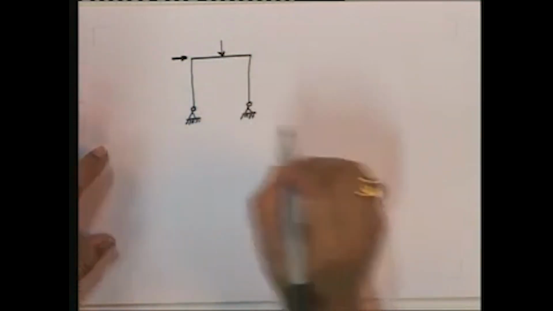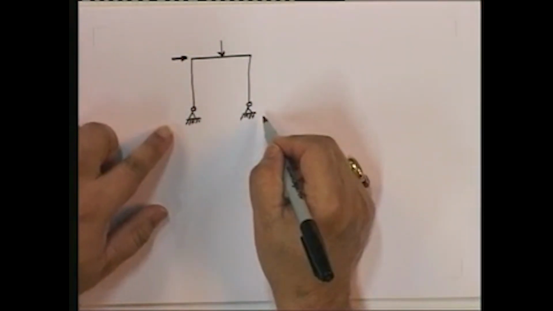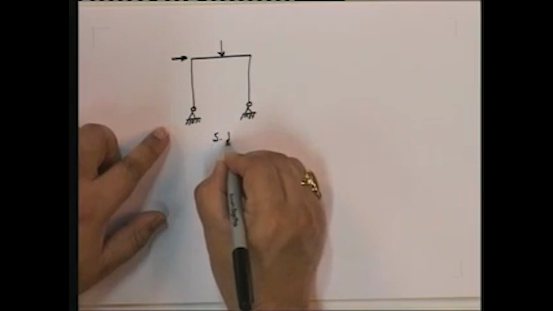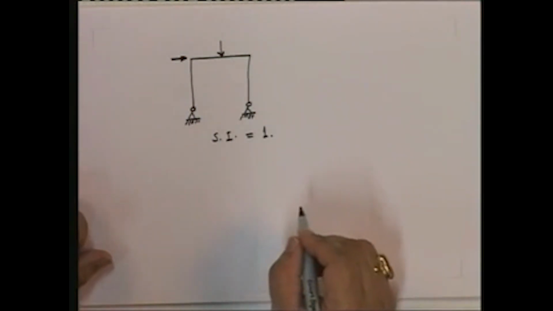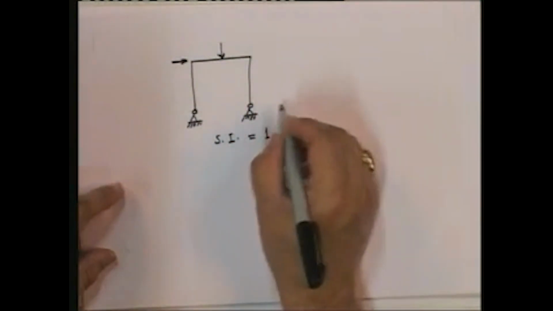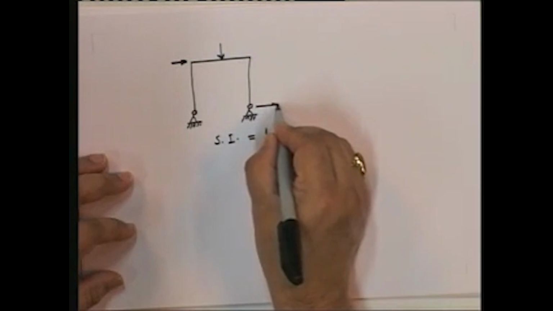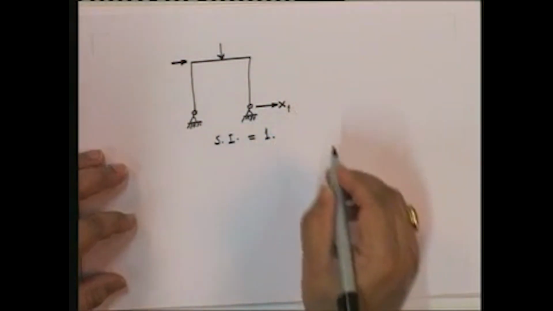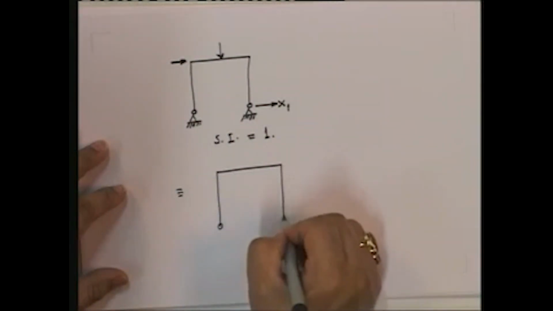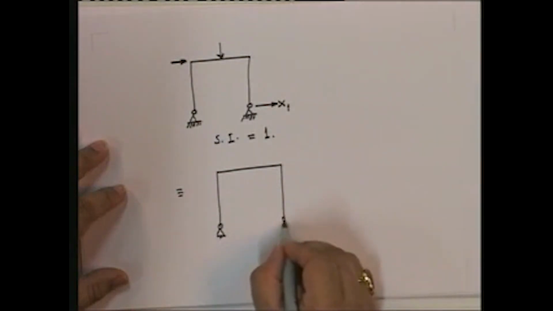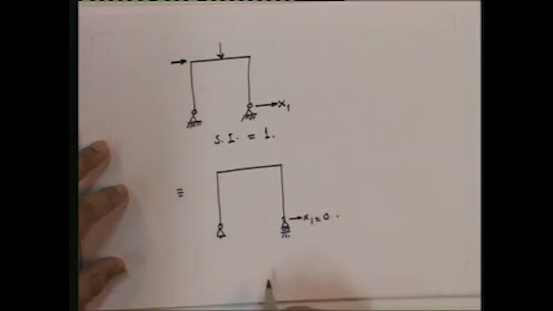Okay. So now how do I find out, by the way, what is the redundancy of this structure? If you look at it, you will get static indeterminacy 1. Okay. Static indeterminacy 1. Which one would I take in this particular case? You can take any one of them. Okay, it doesn't matter. But I will take this as my redundant, in which case automatically my base structure becomes this, because this is equal to 0 in the base structure.